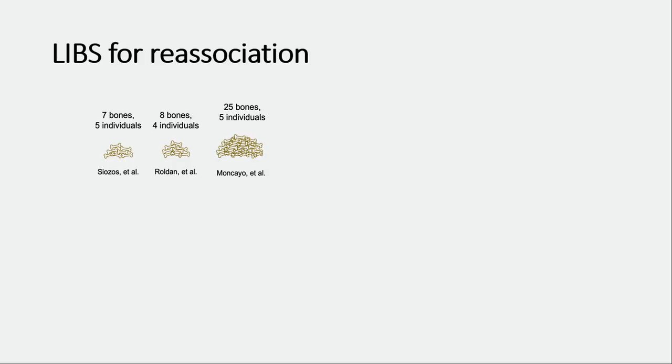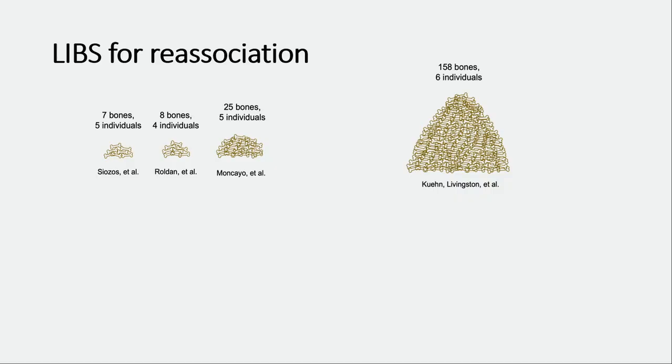This was with benchtop, big instruments, so it is hard to bring the bones there, or sometimes they have to cut them. We don't want that, so we use the handheld LIBS. We discussed with John Bethard at USF, and we went to the body farm there in Tampa, and we got this set of samples. We had 6 individuals, close to 160 bones. Now it becomes very interesting to look at reassociation, and that gave us very good preliminary results to submit to NIJ.